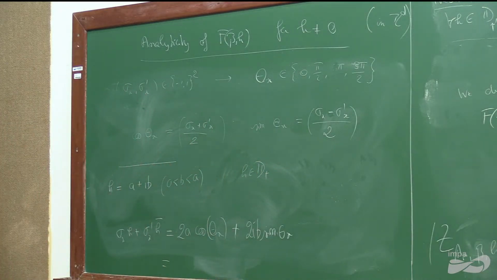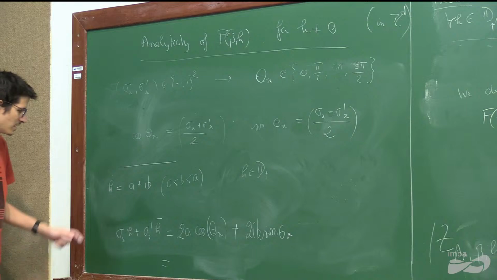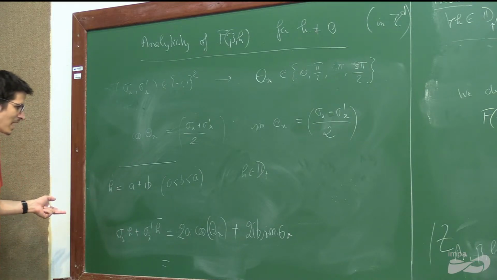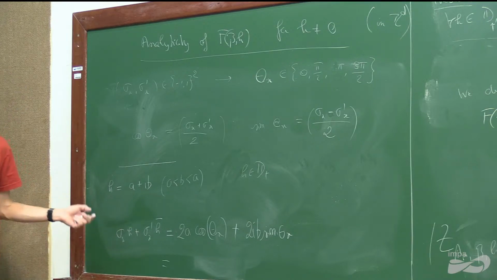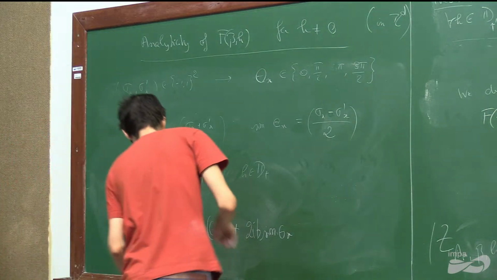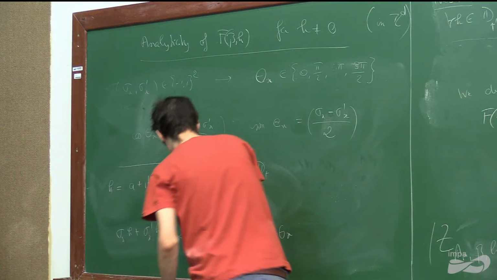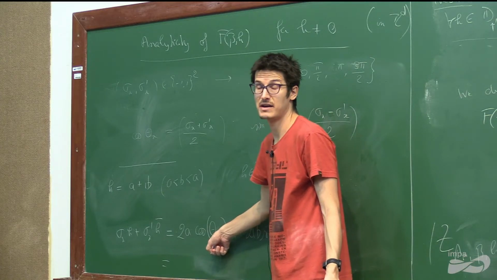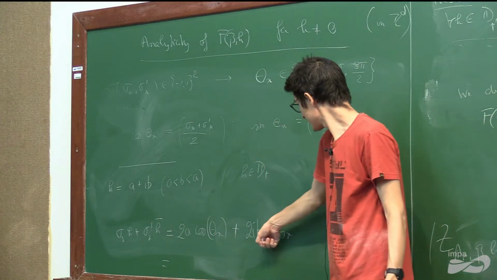Here I have A times (theta x plus theta prime x) and IB times (theta x minus theta prime x). And now I can write it as exponential I theta x plus exponential minus I theta x.